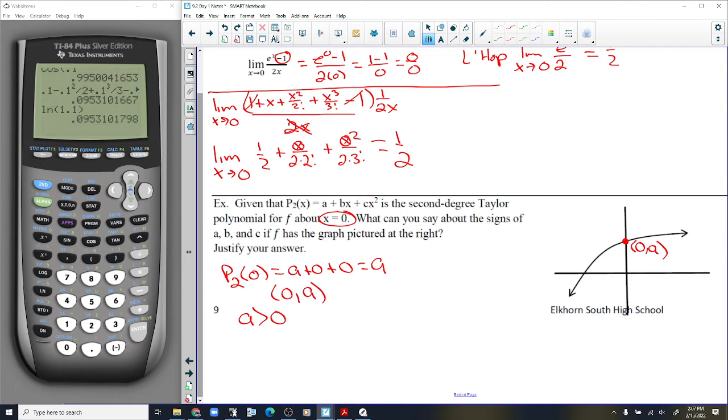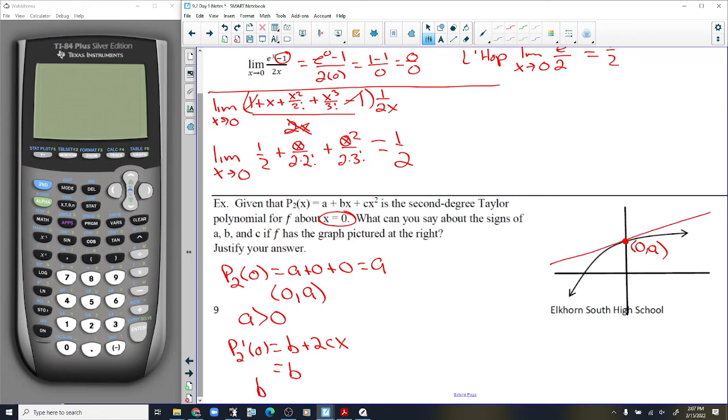Now we need b and c. P prime at 0, if I take the derivative of this, is b plus 2cx. And if we plug 0 in, we get b. Well, first derivative talks about slope. So the slope there is positive. So b must be positive.